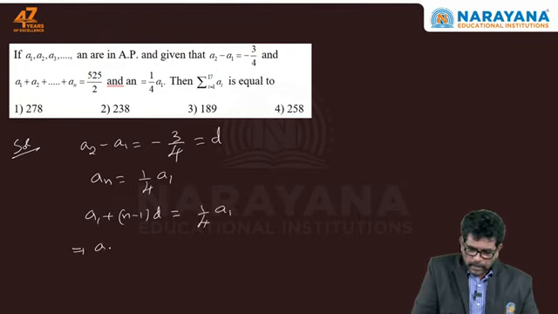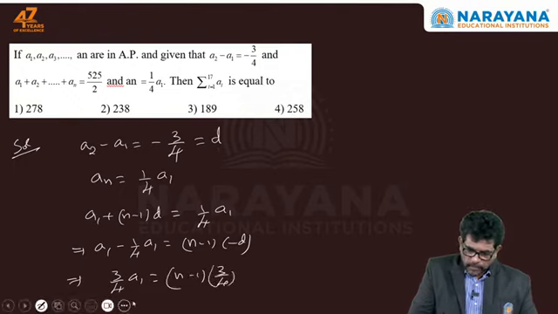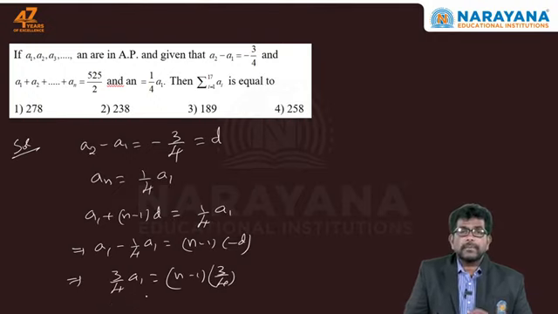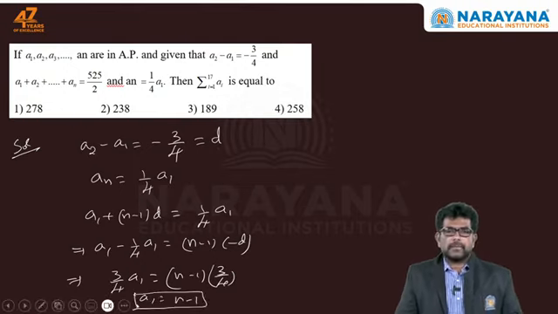Now from this, A1 minus 1 by 4 times of A1 is equal to N minus 1 times of minus D. Now A1 minus 1 by 4 times of A1 becomes 3 by 4 A1 is equal to N minus 1 times of minus D, which becomes 3 by 4. So from this we get the relation between A1 and N, that is A1 is equal to n minus 1.